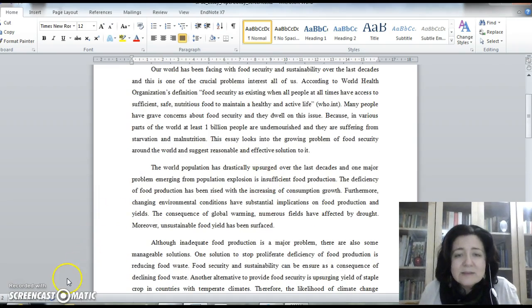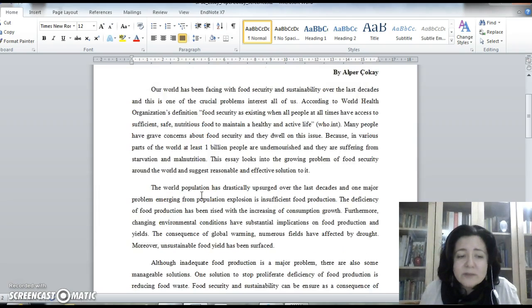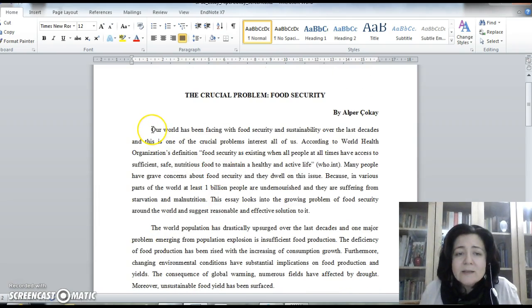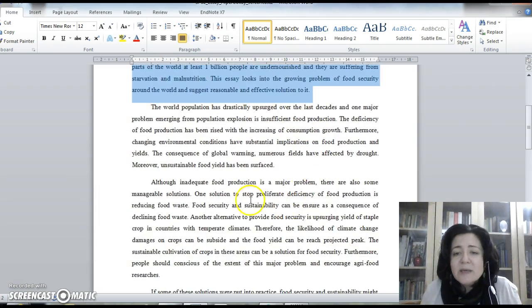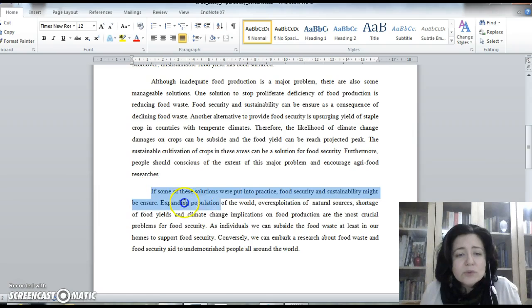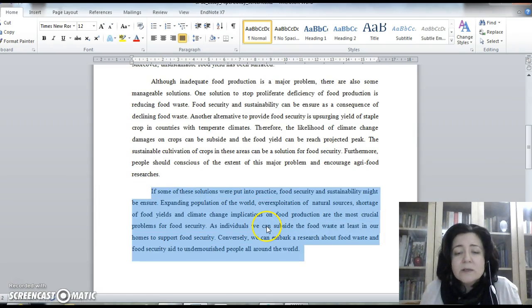Well, since this is a relatively shorter essay, for shorter essays in general, you can integrate the introduction into the situation paragraph, because the situation paragraph and the introduction may cover more or less similar things, and you may integrate the conclusion into the evaluation paragraph.